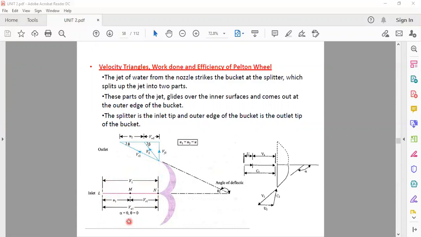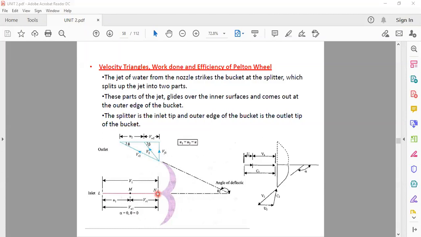Why? Because our water impacts on this splitter tangentially. Because our water impacts on this blade tangentially, that's why our alpha is 0 and theta is 0. That's why our inlet triangle converts into a single line in the Pelton wheel turbine.